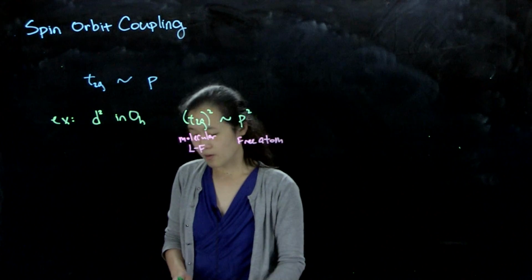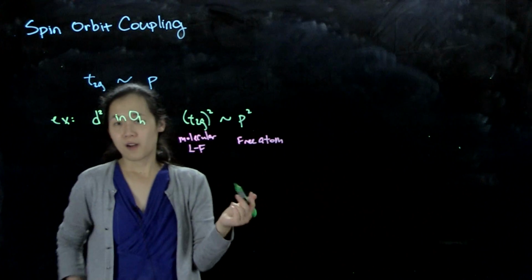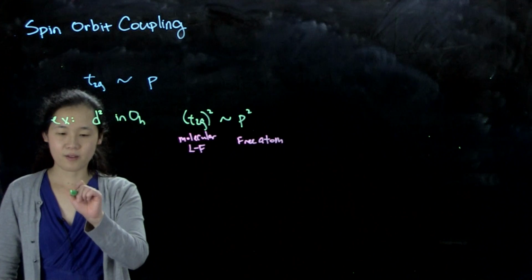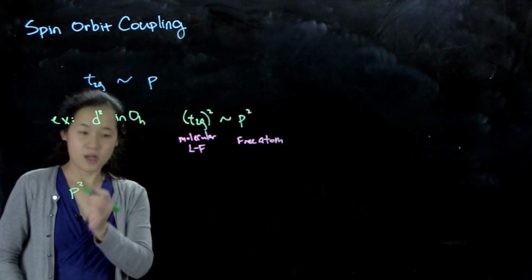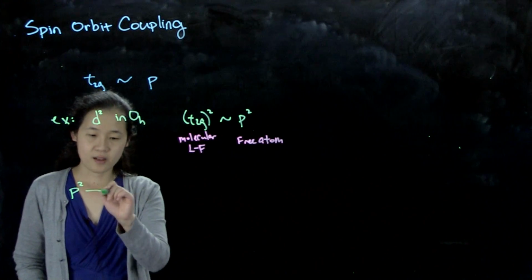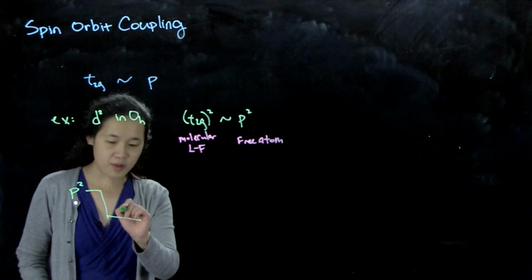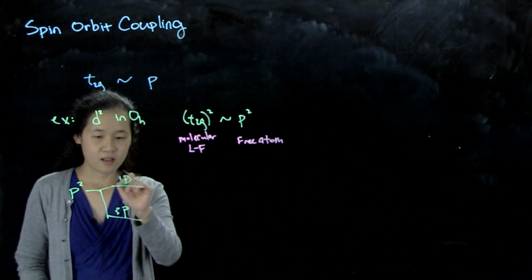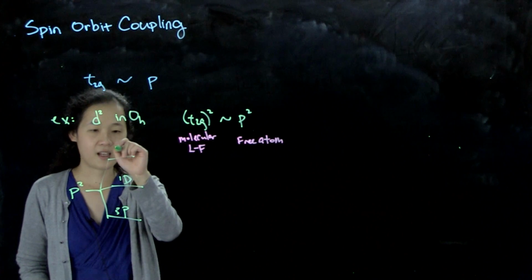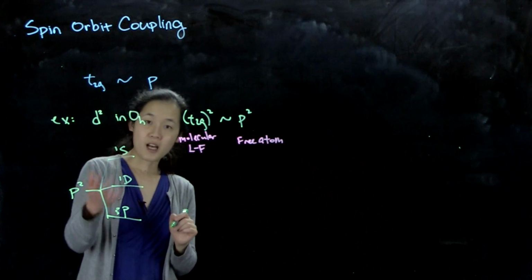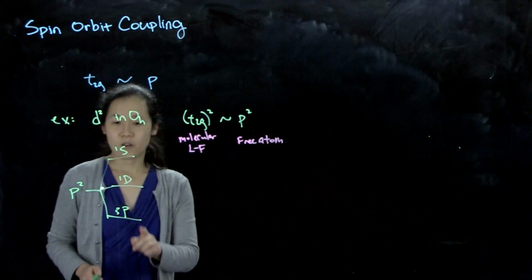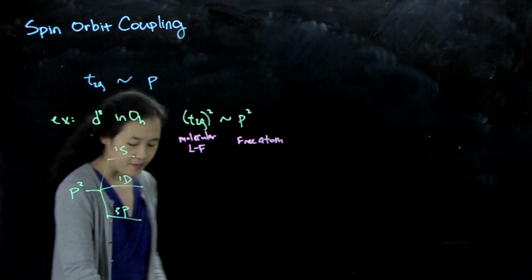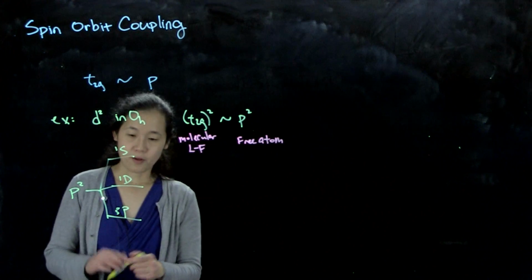For a p2 electron configuration for a free ion, I'll leave it up to you to show that this p2 configuration will result in three terms. You're going to have your ground state, which is triplet P, then singlet D, and then singlet S. These are our free ion terms for p2. If you look at how the spin-orbit coupling should go, the only option here is for the triplet P to split.